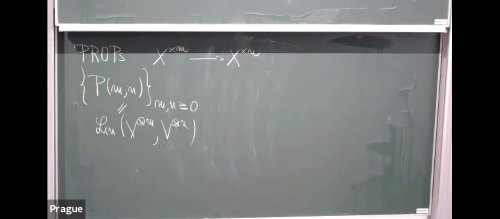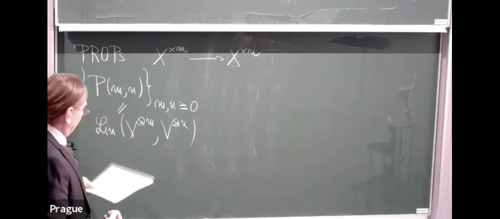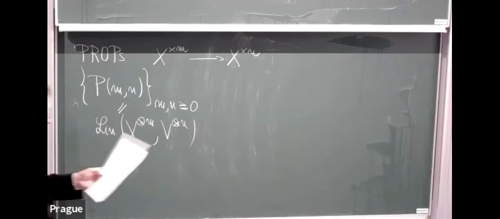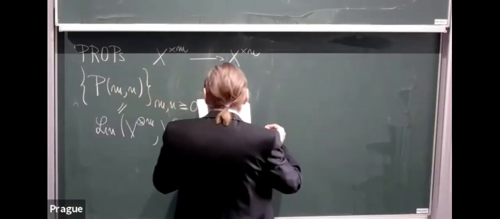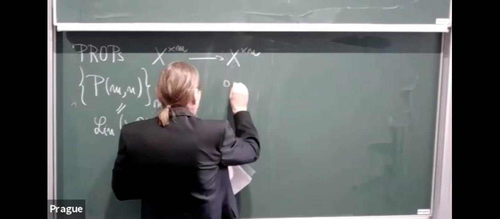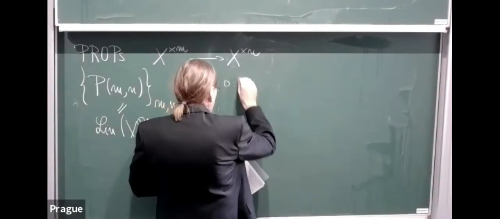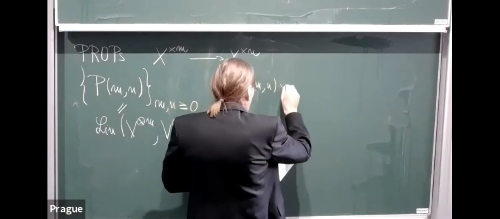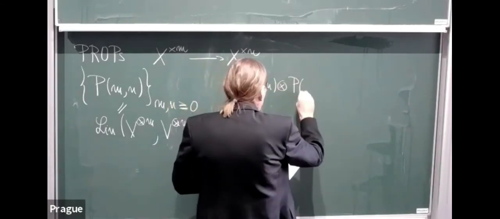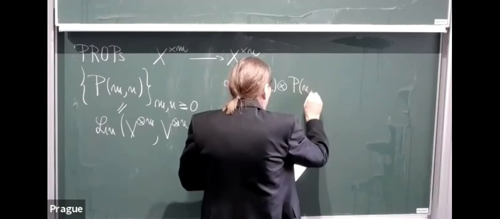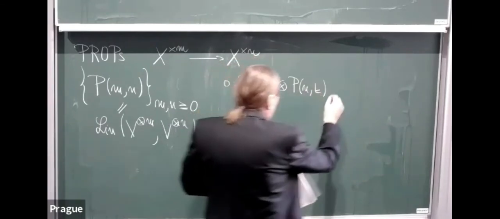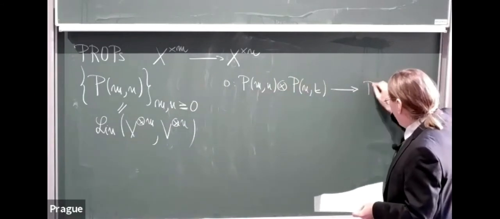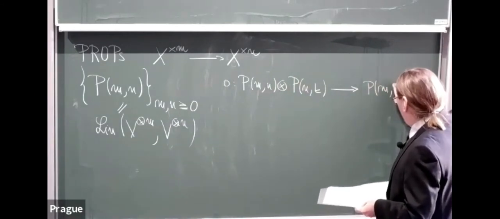So what I can do with these maps, I can put one such map on top of another one, which is, let's call it vertical composition, P(m,n) times P(n,k), and it takes me into P(m,k).